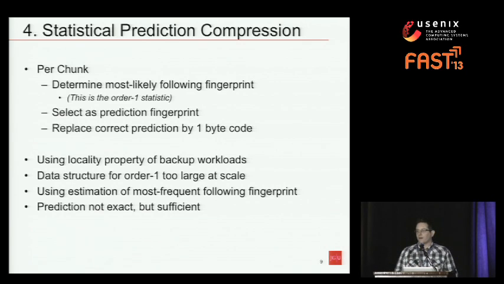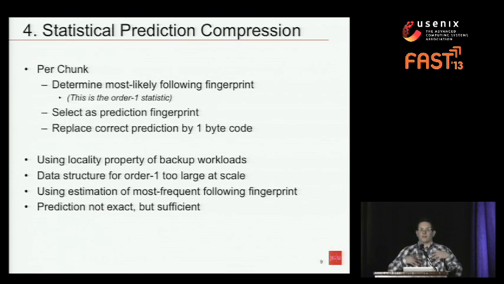And this most likely following fingerprint is selected as a prediction candidate based on the previous chunk and the context. If we find a file recipe and we see that the following fingerprint in the file recipe is the prediction fingerprint, we are not storing the fingerprint, but we only store a short 1-byte code word.